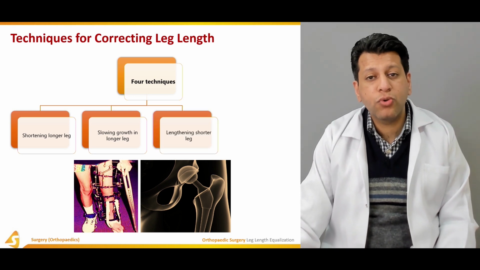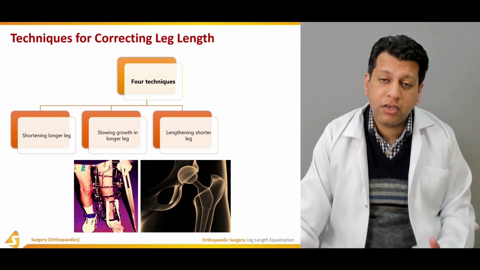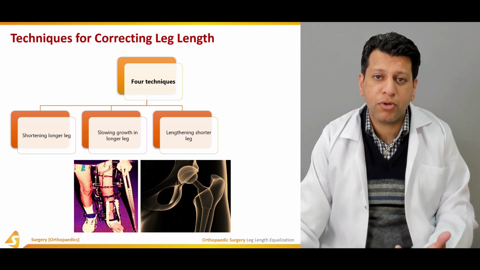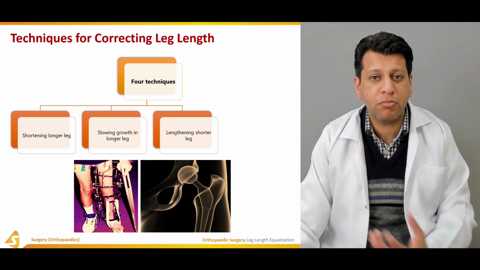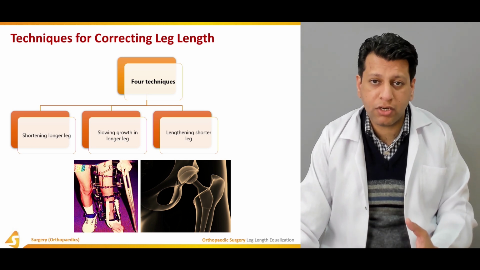Then if it is more than 5 centimeters, then usually instead of shortening the normal leg, because more than 5 centimeter shortening would produce a lot of problems for the patient, who will not be able to have a normal musculature, more than 5 centimeter shortening cannot be done.